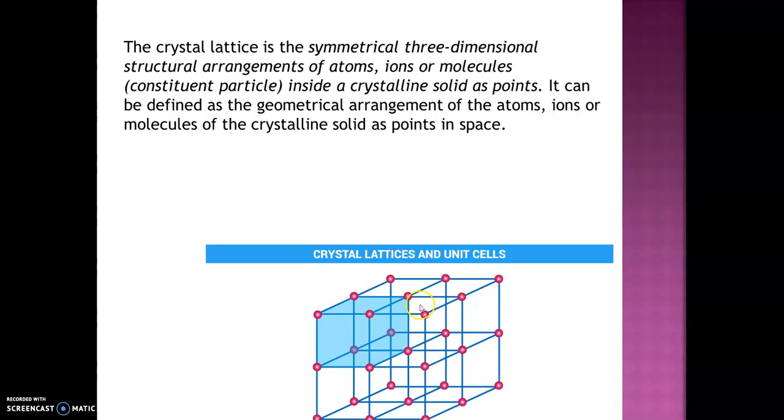If you see this picture, you can see a three-dimensional arrangement of atoms in a structure. This is a geometrical arrangement of atoms, ions or molecules in a crystalline solid or in space. So these points may be an atom, ion or molecule.